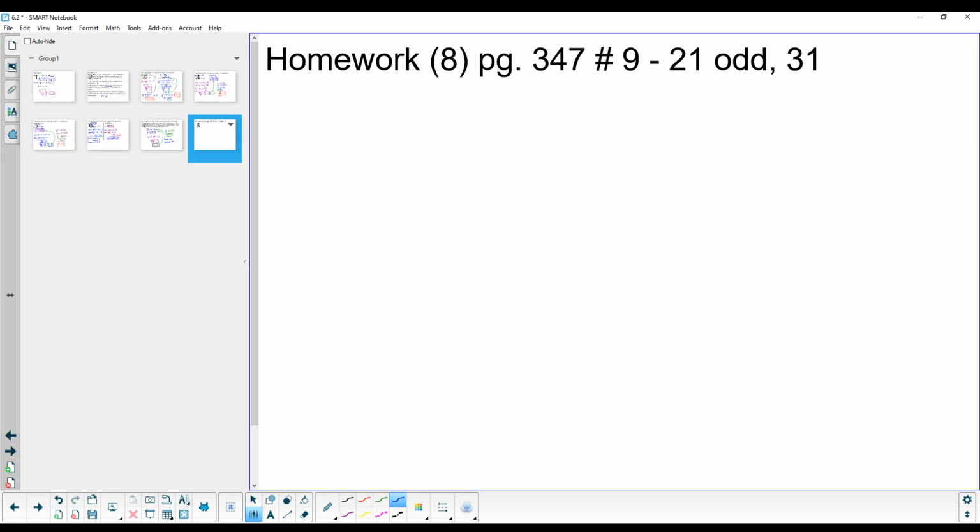So if you need to, this is a recording, so you can go back and see it again. You'll have a couple of examples where an equation is already solved for you, and then you'll move through the questions and start to have to solve some on your own. Solve it for X or solve it for Y like we did on the second examples. And then number 31 is just going to be a write out and explain type problem.